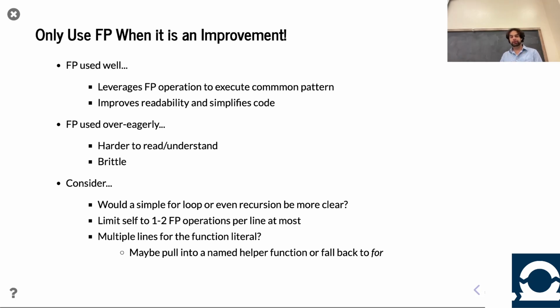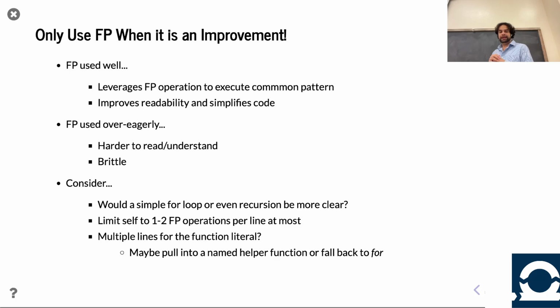When it improves readability and makes code simpler, that's great. If it's used over-eagerly, sometimes it gets a little harder to read and understand. It can be brittle. To make it more concrete, as I said before, using map to grab out fields is a slam dunk almost always.